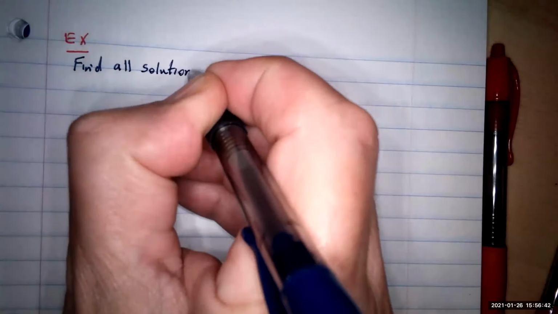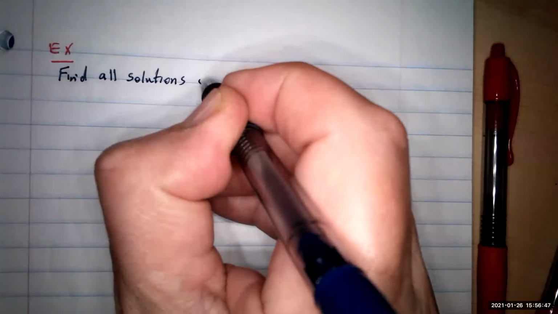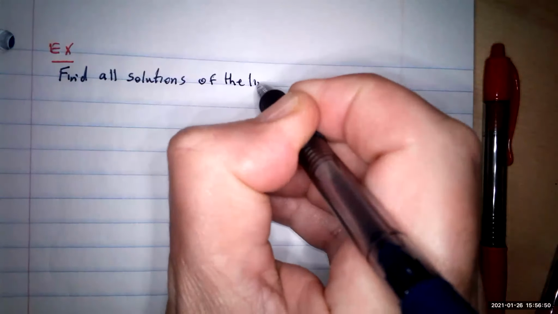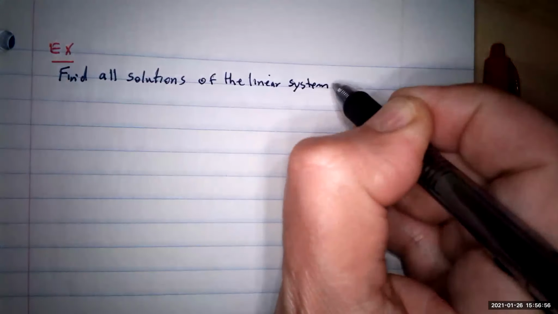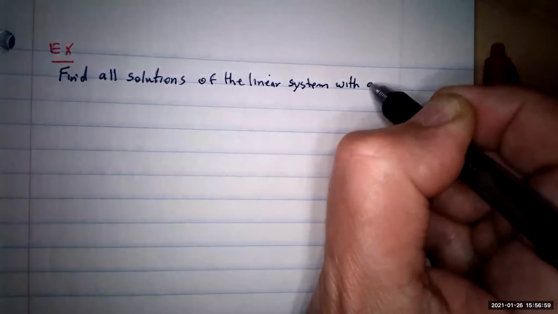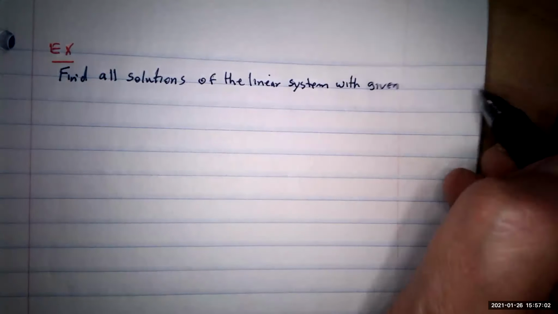So sometimes they ask you to solve the system, but they just give you the augmented matrix. We want you to find all solutions of the linear system with the given augmented matrix.